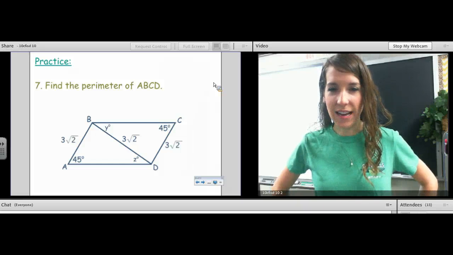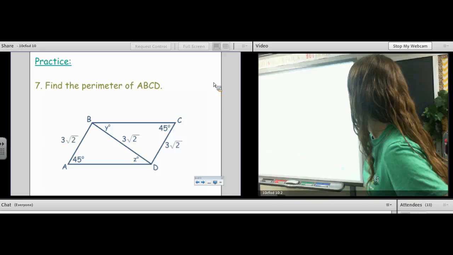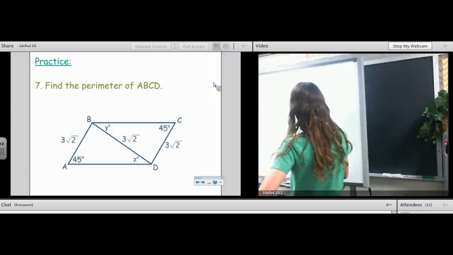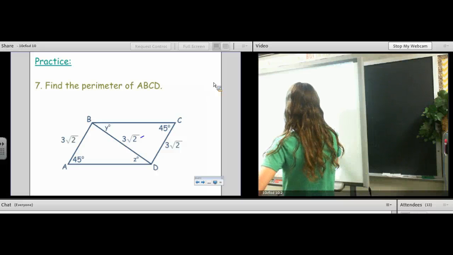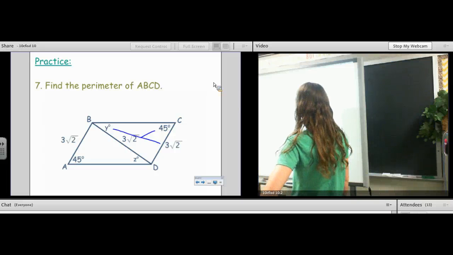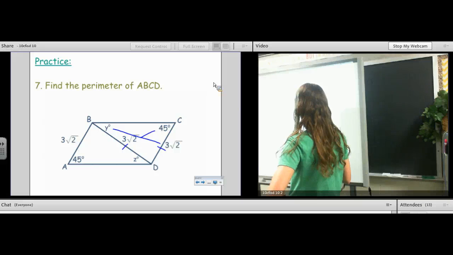So be careful. I see some 45s. Where are my 90s? This is not super drawn to scale. So if that's 45, then that one's 45, because these are congruent.